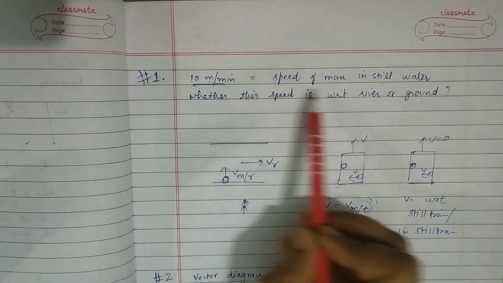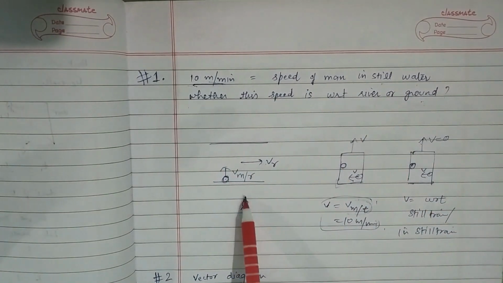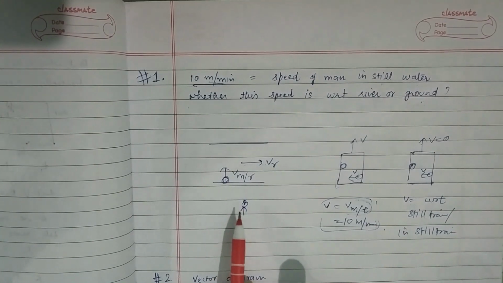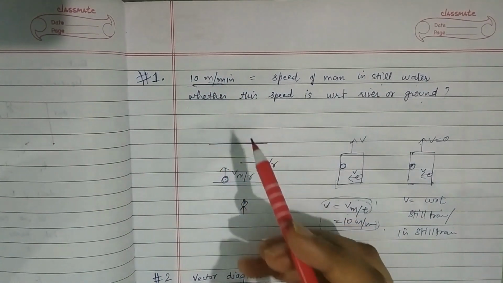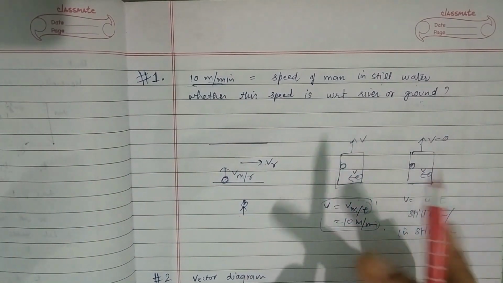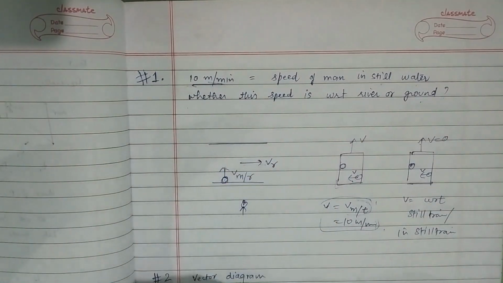Now this speed is given in still water, but our water is moving. So for sure this is not what is observed by the stationary man on ground. So 10 meter per minute is not the speed with respect to ground. But this is still not proof of whether it is with respect to river or something else.